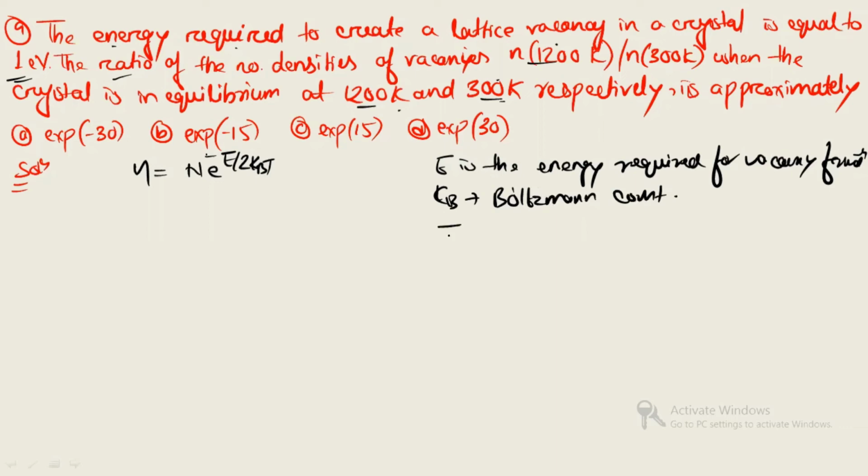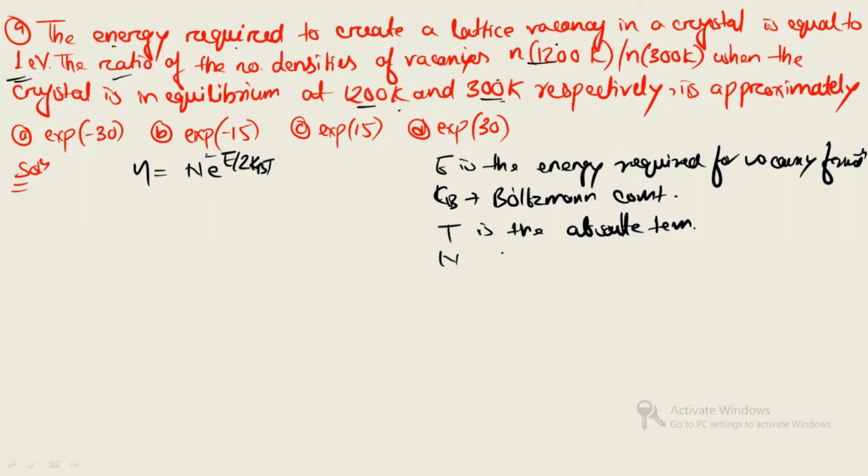Next, T is the temperature, the absolute temperature. And N is the concentration of atoms.